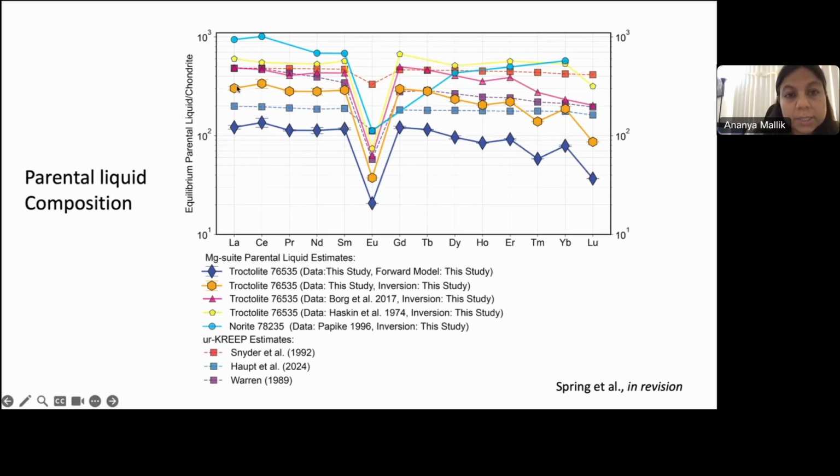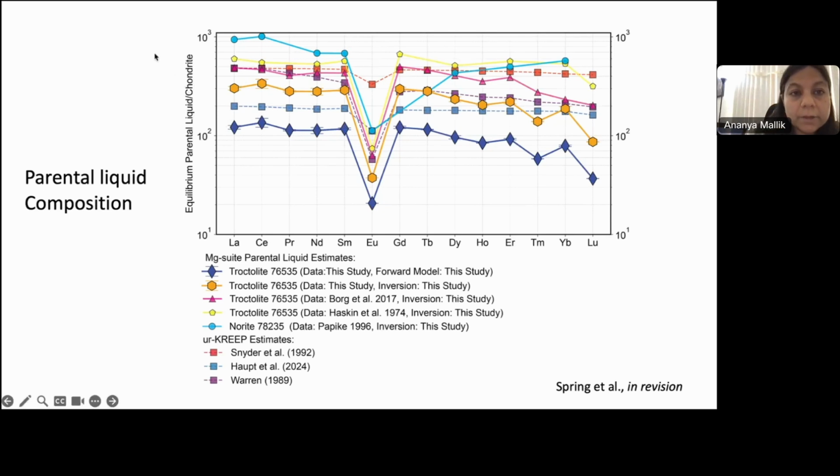The orange symbols here represent basically the measured trace element concentrations in the plagioclase from the troctolite sample that was measured by Isaiah, but he did a simple inversion. So basically this gives us the composition of the liquid that was coexisting with the plagioclase itself, but that's already fractionated.